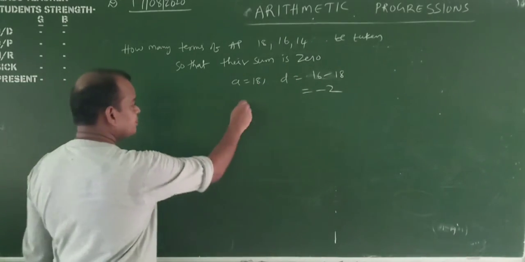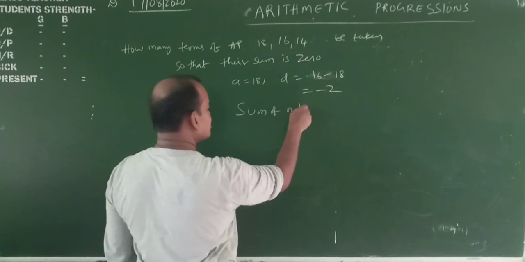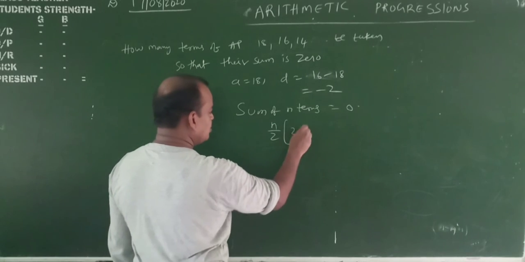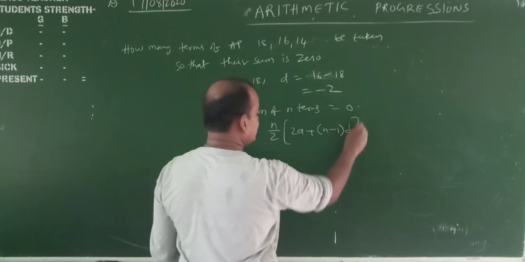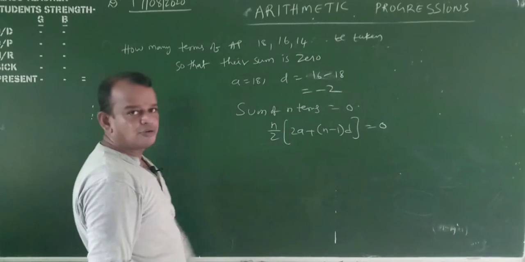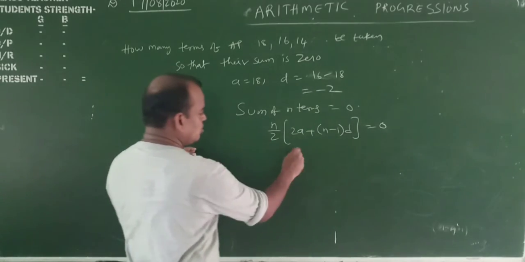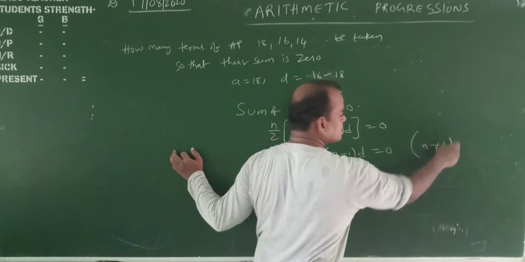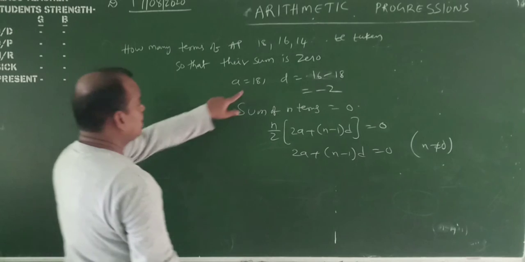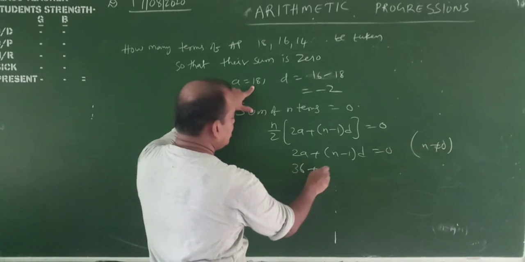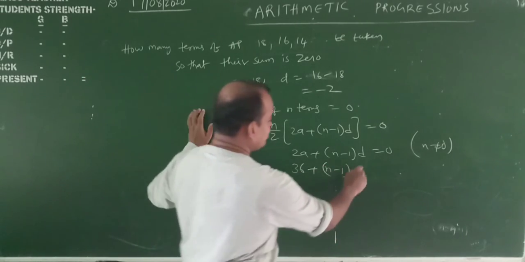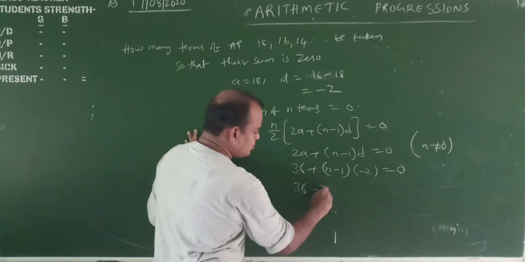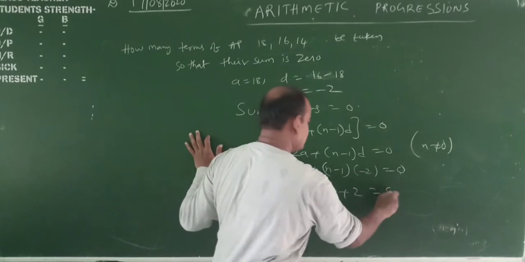What is the formula for the sum? The sum of n terms is n by 2 into 2a plus n minus 1 into d, equal to 0. n by 2 is a product of two terms, and n is not equal to 0, so 2a plus n minus 1 into d is 0. 2a is 2 into 18, which is 36, plus n minus 1 into minus 2 is equal to 0. So 36 minus 2n plus 2 is equal to 0.